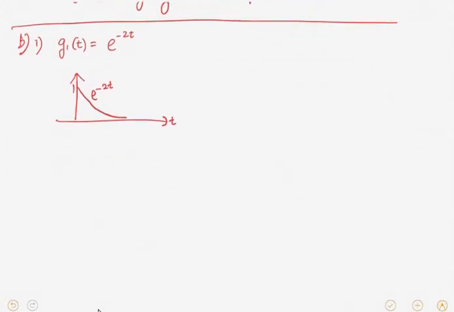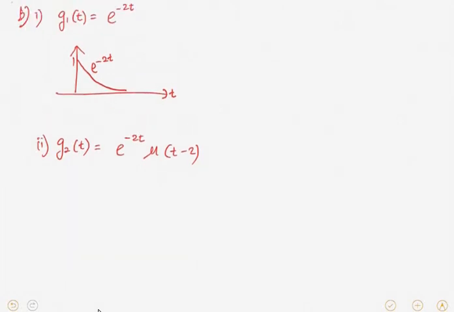Okay, now what is the graph for exponent negative 2t times u(t-2)? u(t-2) means that you chop off the front part and start from t equal to 2. Let's say this is 1 and this is 2 here. For exponent negative 2t, you have the graph like in question 1, and then you chop off the front part, so the graph starts after 2.